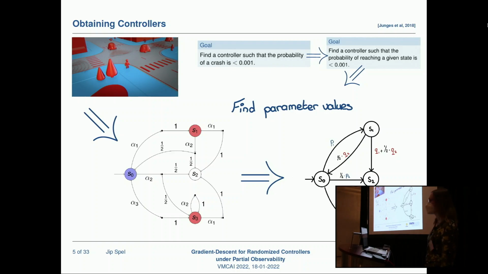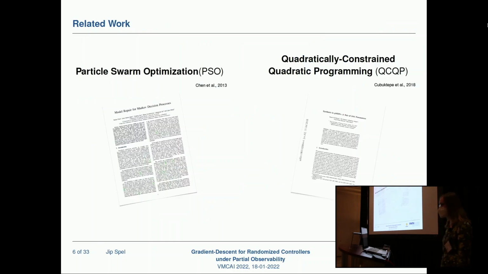To be able to talk about how we find these parameter values, I will first go into the details of parametric Markov chains. There is some related work on this, particle swarm optimization and quadratic programming. These two methods have already been shown to be able to find these parameter values.